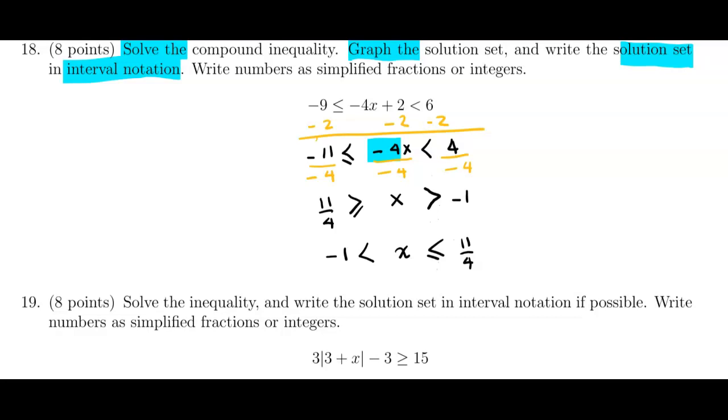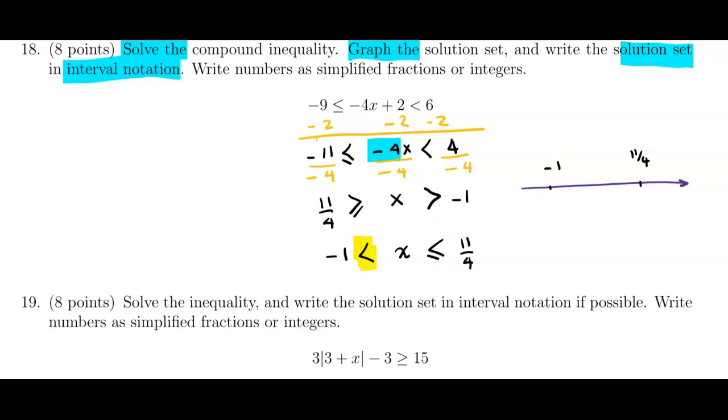Now, what is the graph of this? Again, we're going to do the graph here. So this is our number line. We're going to place the two numbers, -1 and 11/4, on the number line. For -1, it is a strict inequality, so you make an empty circle on it.